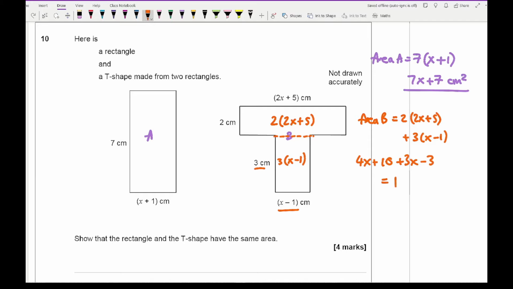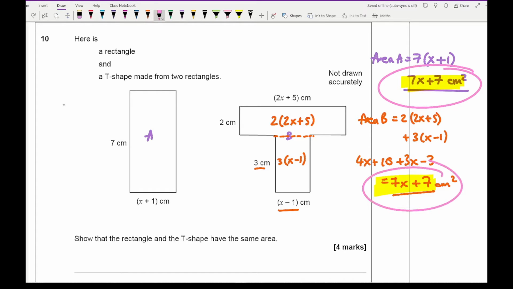Simplifying that, collecting the like terms, I'm going to get 7x plus 7, and as you can see, these two expressions are the same. So if I just highlight the fact that those two things here are the same, I've then answered the question.